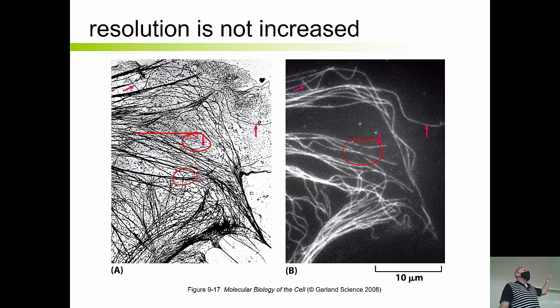But if you utilize this fluorescence, we can see them, but we can't resolve them. So, how many are in this bundle here? We can resolve them on the left, but we can't resolve them on the right, although we can detect them, okay? So that's another really cool feature of fluorescence microscopy.